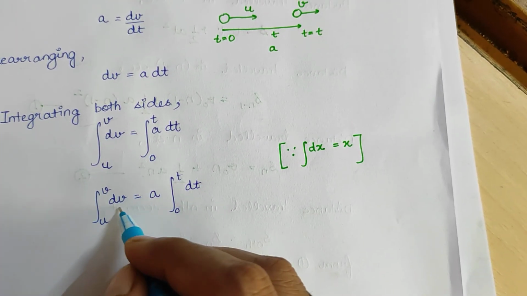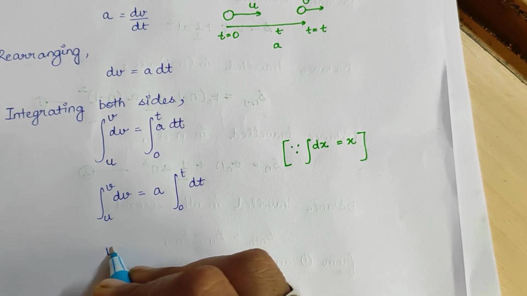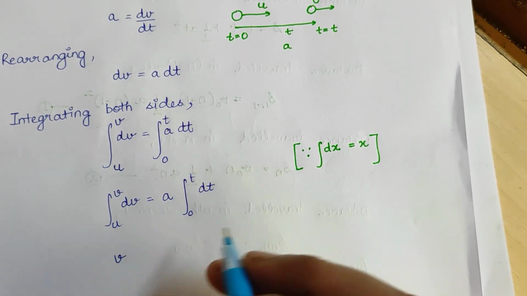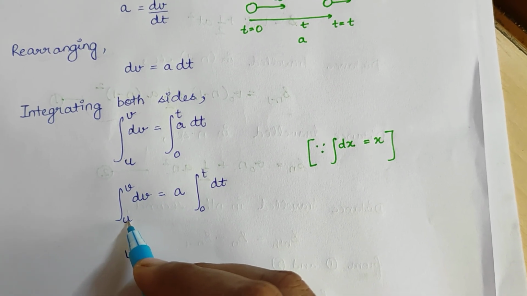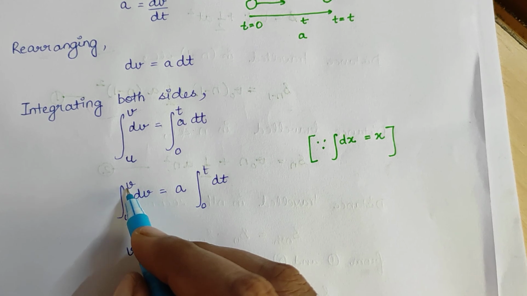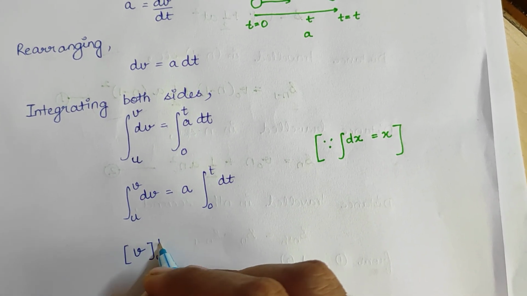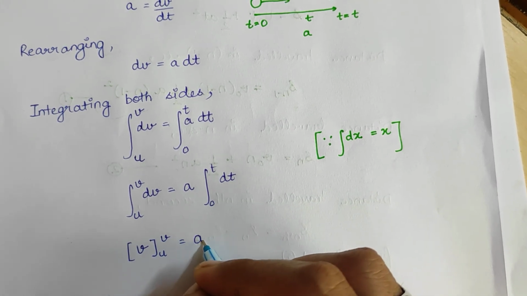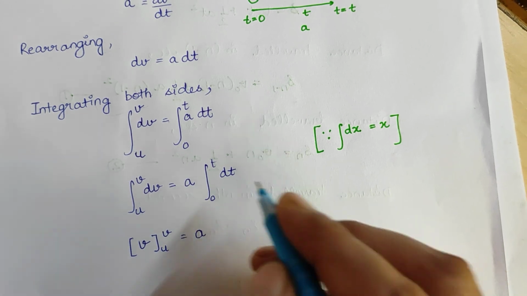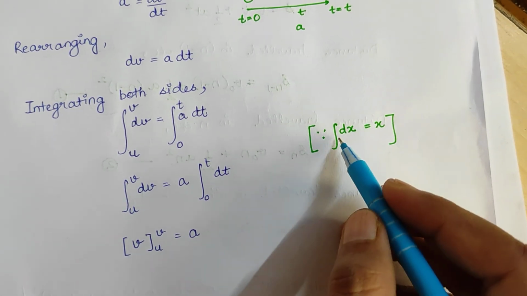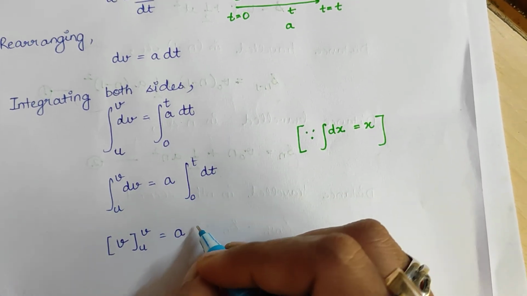Here, in place of dx we have dv, so on integration we get v, with limits from initial velocity u to final velocity v. We put the limits here, and a is written as it is. The integration of dt gives us t.